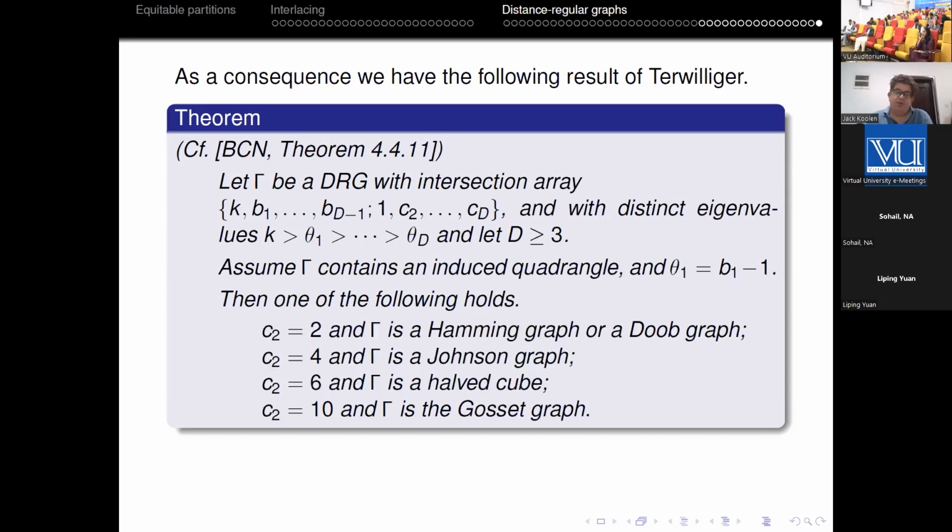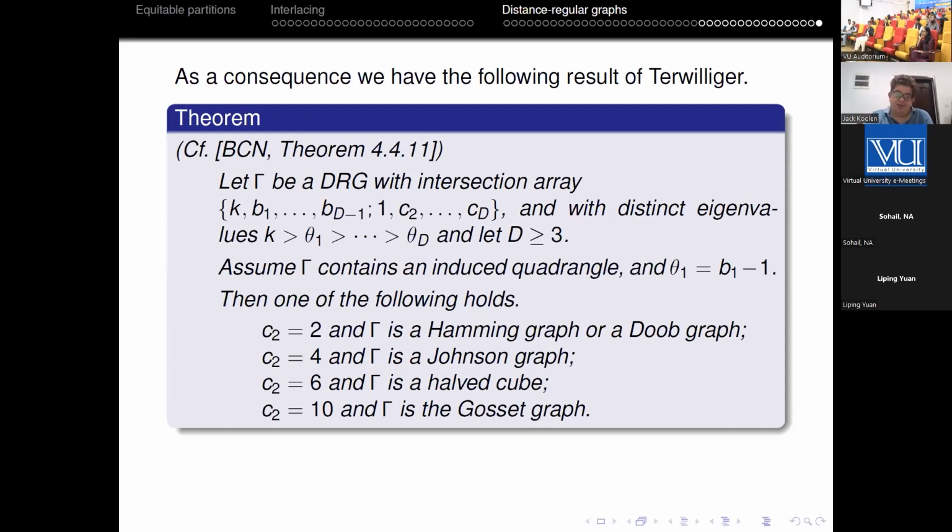So you get c2 is 2, and it is a Hamming or Doob graph. c2 is 4, and it is a Johnson graph. For diameter 2, you get also Chang graphs. And c2 is 6, and it's a half cube. And for c2 is 8, you will get the Schläfli graph, but that's also diameter 2. And for c2 is 10, you get the Gosset graph. So there's no contradiction with what I said before.